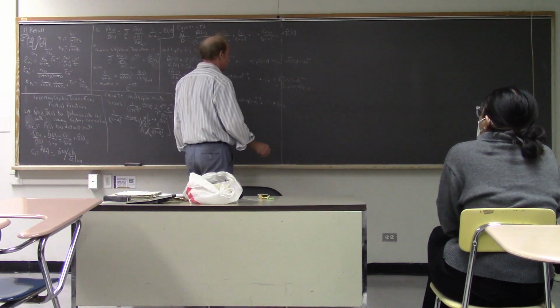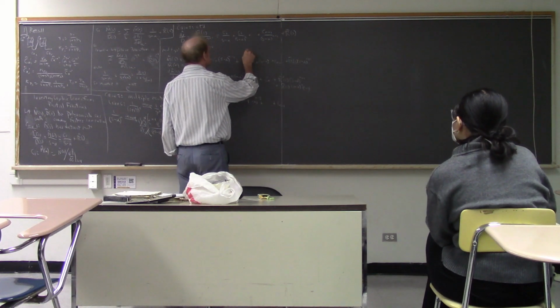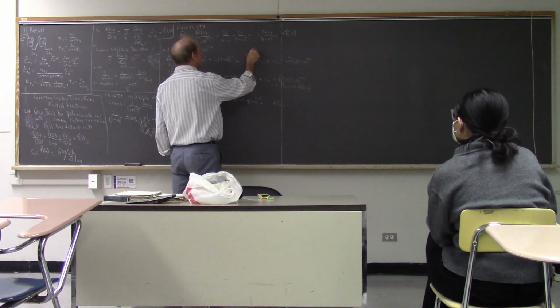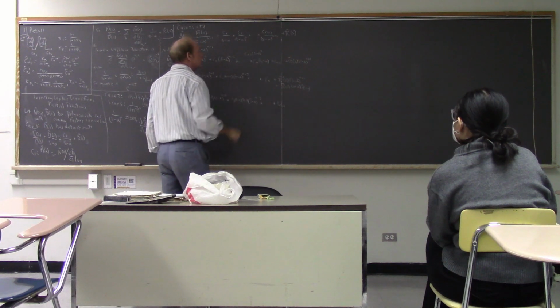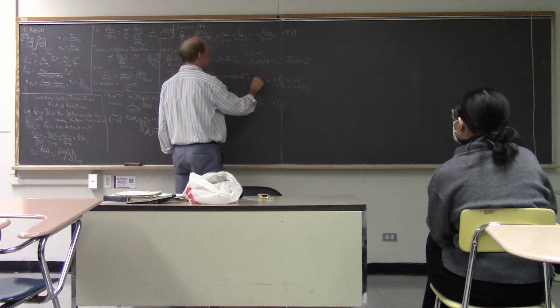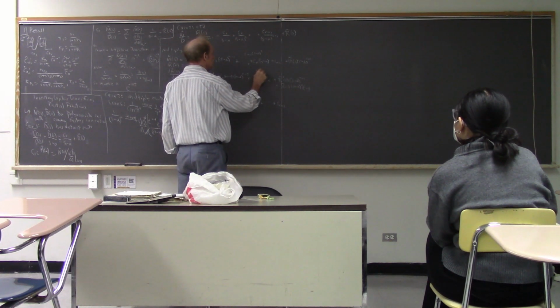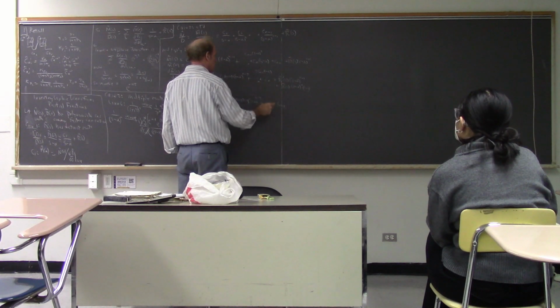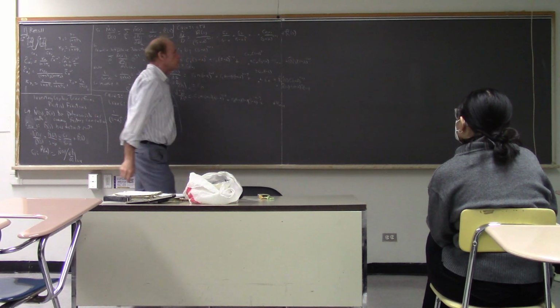Remember, C(n minus 1) had (s minus alpha) squared. So when I take a derivative of that, I had 2C(n minus 1)(s minus alpha), and now I have 2C(n minus 1).